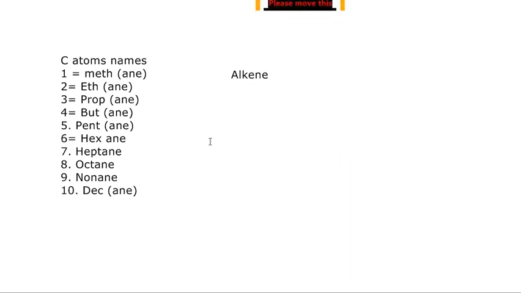Now let's start with the first molecule. I have already shown you that alkenes are the molecules having carbon-carbon double bonds, and alkanes have carbon-carbon single bonds.